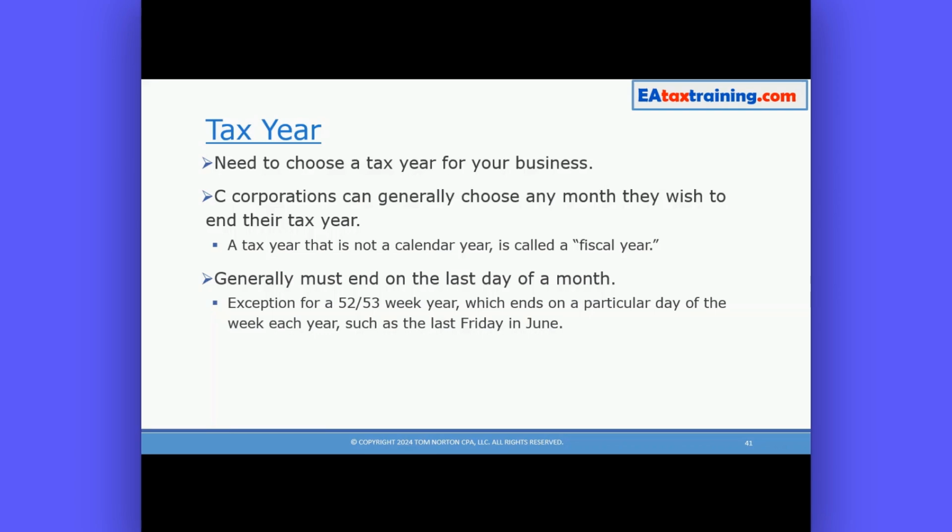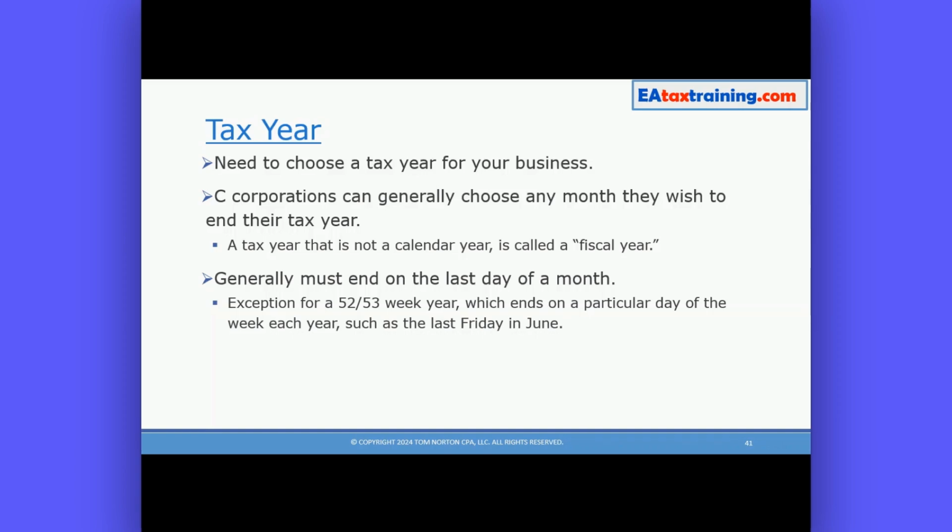There are some entities that the tax year does have to end on December 31st, but a C corporation is not one of them. So you may have heard of this concept of the fiscal year. So you could have a C corporation whose year end is May 31st or August 31st. It doesn't matter. Any end of the month they can use as their end of their fiscal year.